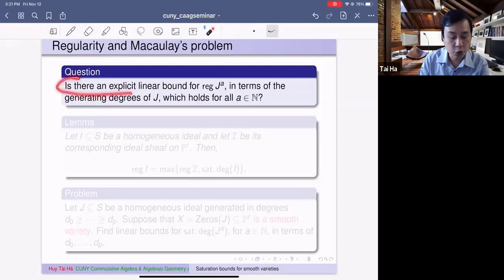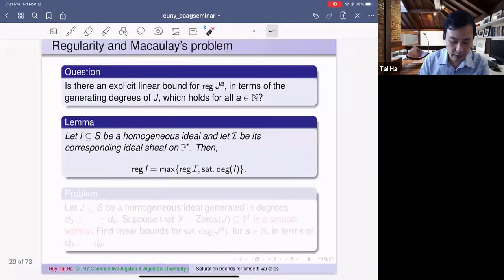That's the one question that I'm interested in: to explicitly give bounds for the regularity of powers of J, which hold for all values of a and in terms of the generating degrees of J.